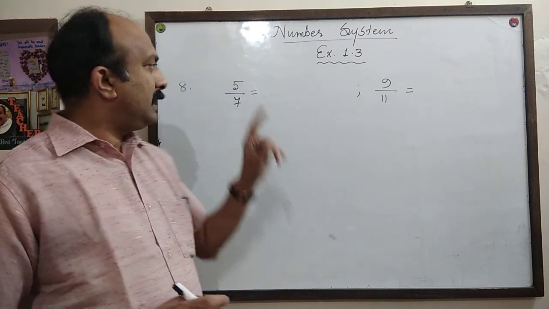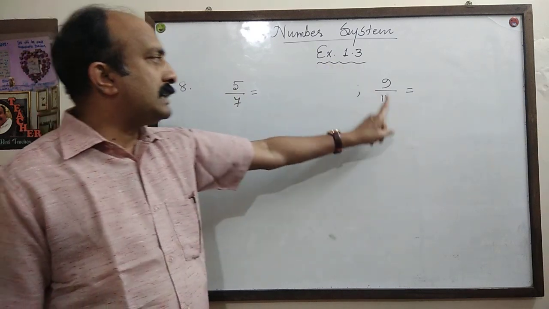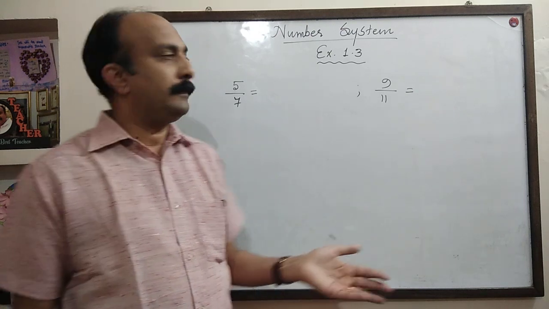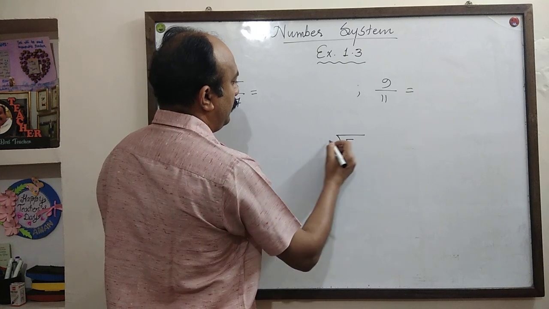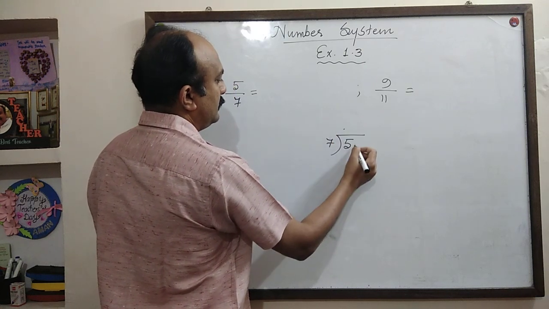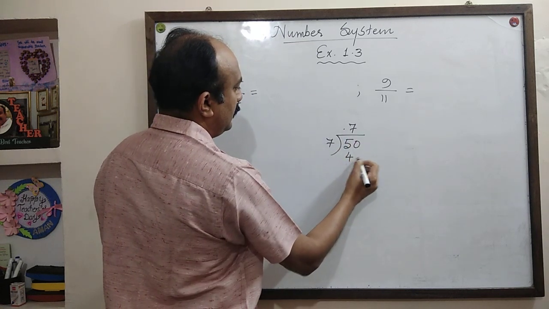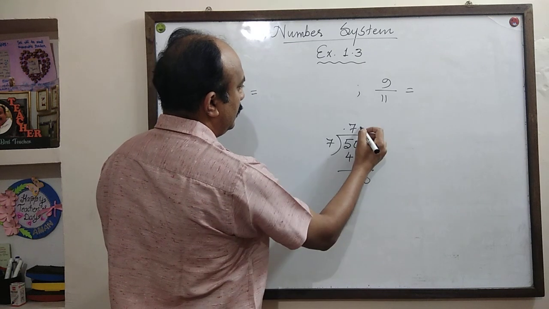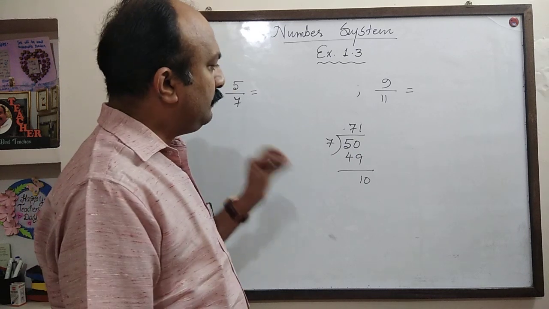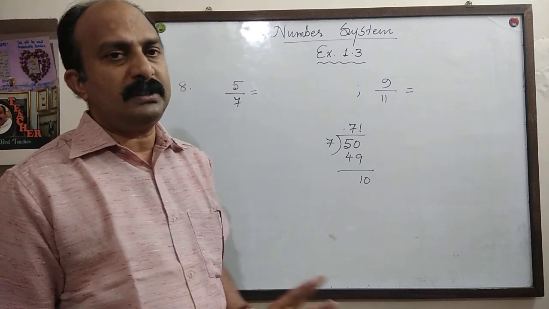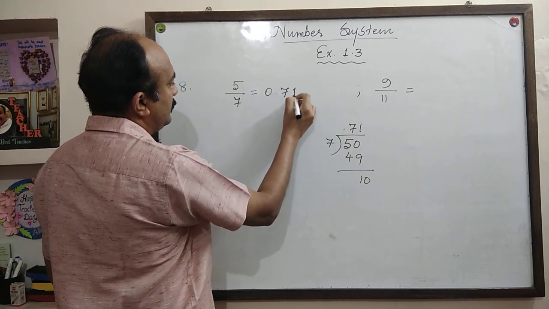How to find irrational numbers between 2 given rational numbers? The method is, first of all, we have to change both these given rational numbers into decimal form. 5 upon 7. Do the division 5 upon 7. 50, 7, 49, 10, 1. Leave the remaining digits. We may require the answer only up to 2 decimal places. So 5 upon 7 is 0.71 approximately.